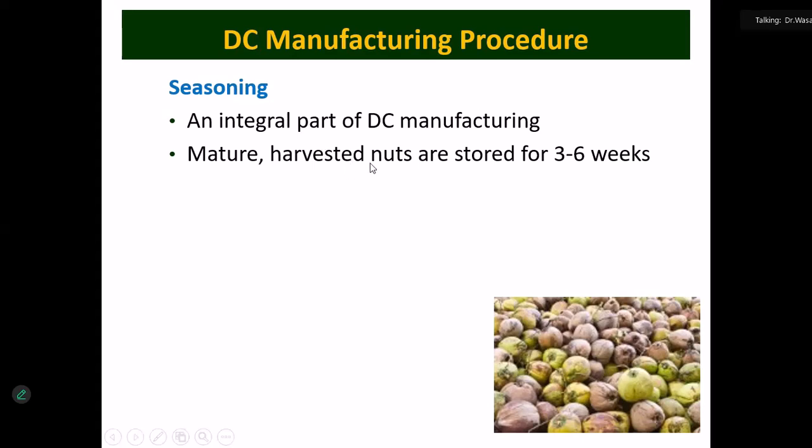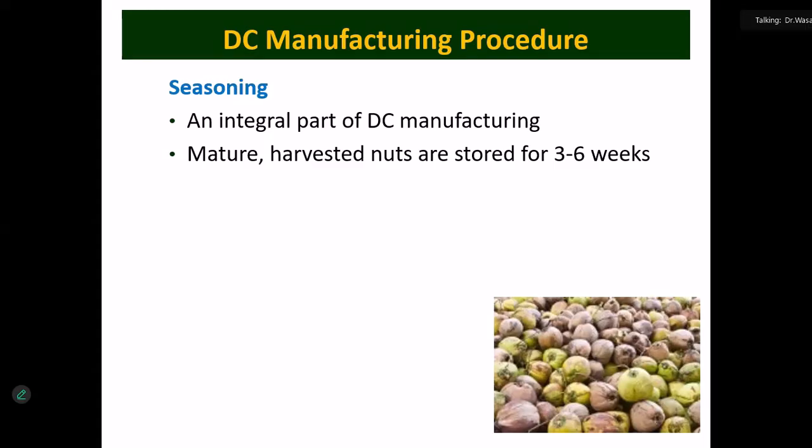Mature harvested nuts are stored for 3 to 6 weeks. We take only mature nuts, not undermature. Harvested nuts are stored for 3 to 6 weeks, minimum 3 weeks, maximum 6 weeks.